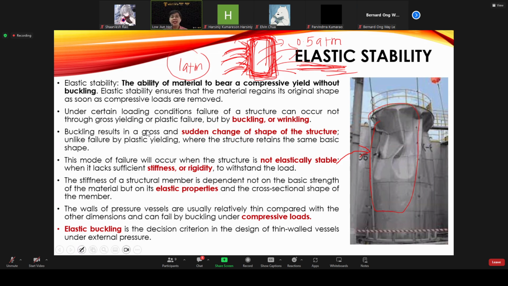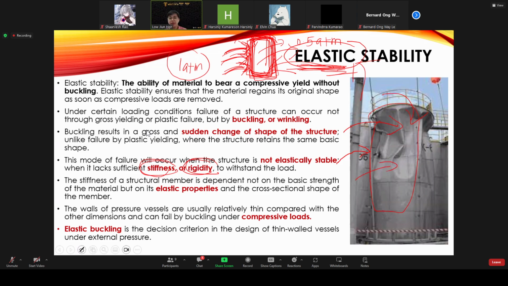The elasticity is actually an indicator that represents the stiffness or rigidity of the pressure vessel. So common sense, the higher the elasticity of the material, the higher the stiffness, the higher the rigidity of the pressure vessel.